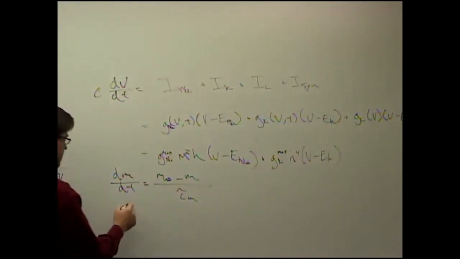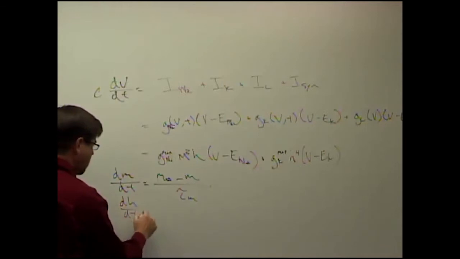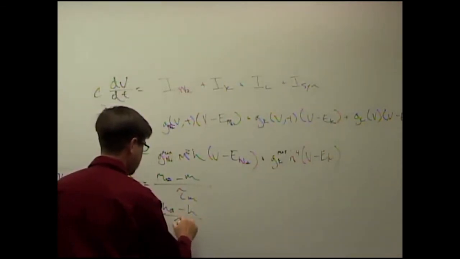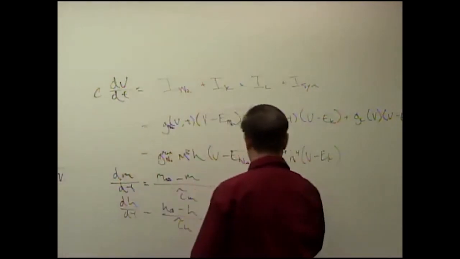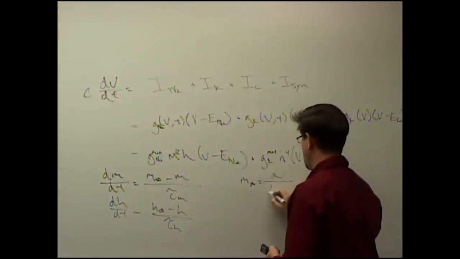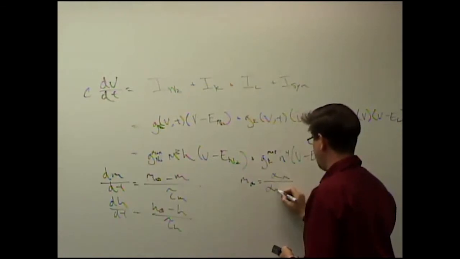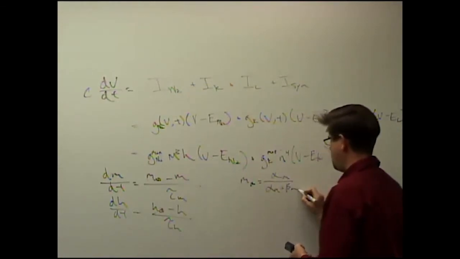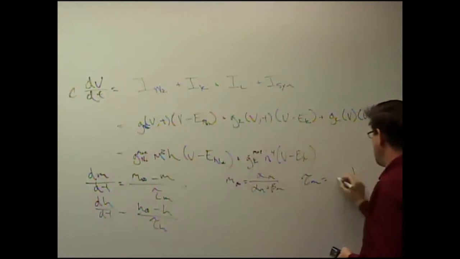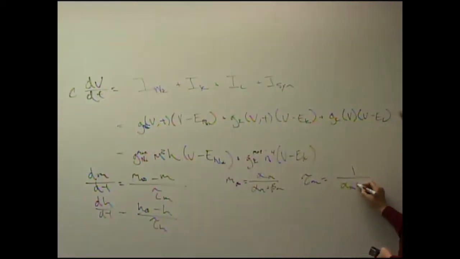And similarly, there's a dh/dt is equal to h inf minus h over tau h. And we calculate the h infs and h. So it turns out m inf is equal to alpha m over alpha m plus beta m, something like that, right? And then the tau m is equal to 1 over alpha m plus beta m.